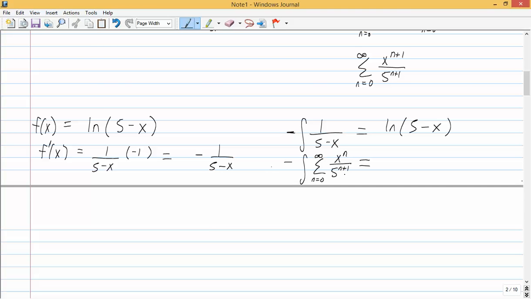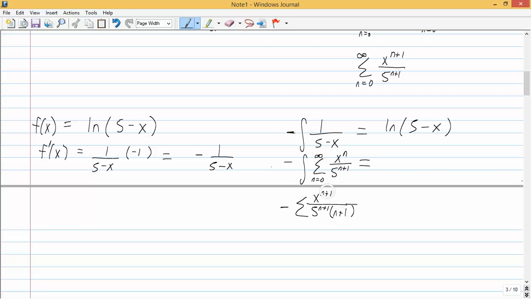And so if we just integrate the variable part, this 5 to the n plus 1 is a constant. So if we integrate this part, we add 1 to the power and then divide by the new power, right? So this is going to be the negative, x to the n plus 1 divided by n plus 1.